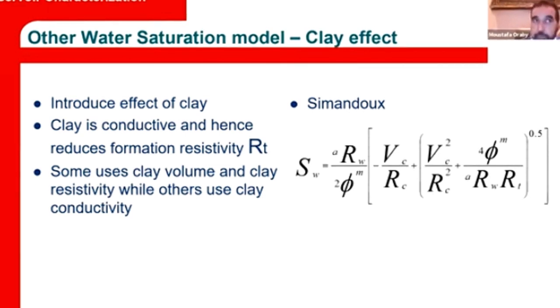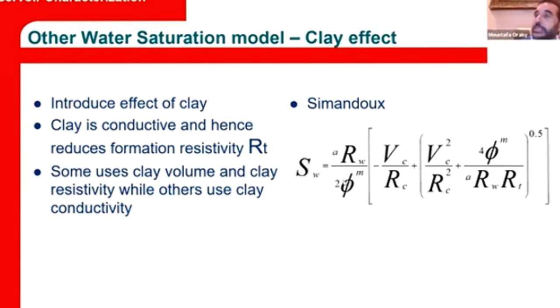Many of you came up with the proper answer. When you put V clay equals 0, Simandoux is exactly the Archie equation, because Archie said my model works when V clay equals 0.